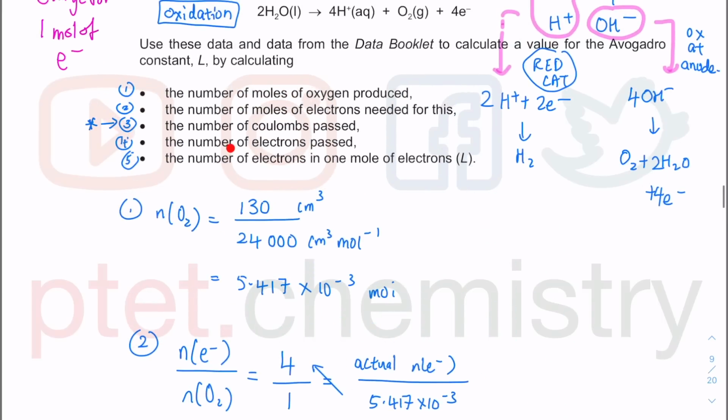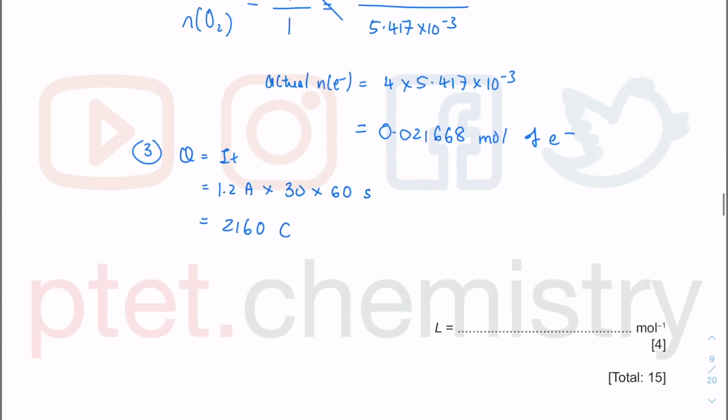What's the next thing that they want? The number of electrons passed. If you look at the data booklet, of course, you'll be given this data in the question for the new syllabus. So we know that this charge, 2160 coulomb, is for 0.021668 mole of electrons.